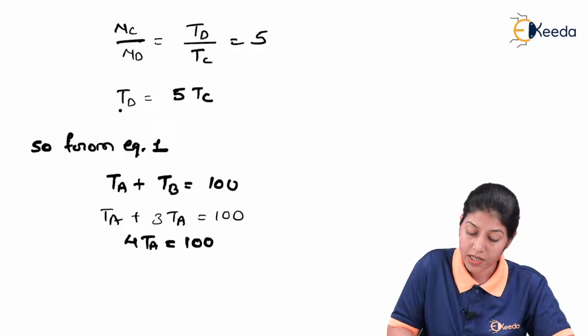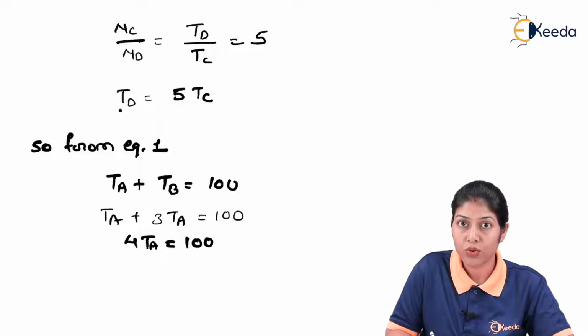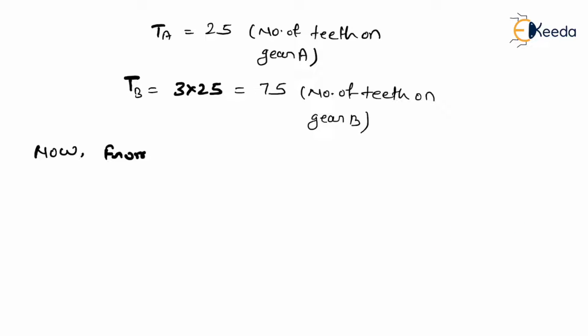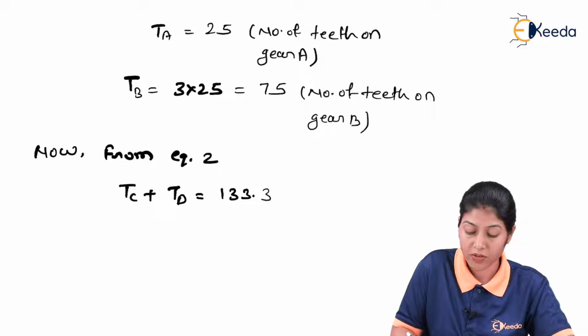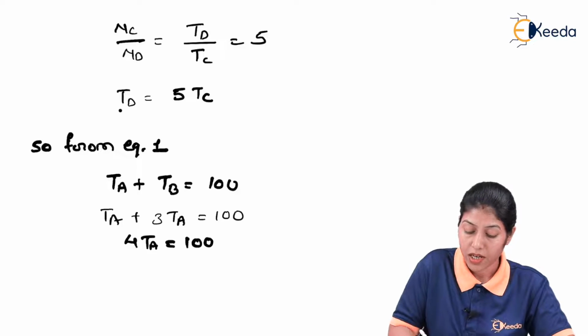In the second condition, it is given TD equals to 5 TC. So we will use equation number 2. So this equation is the equation number 2, TD plus TC equals to 133.3, and we will put TD equals to 5 TC.